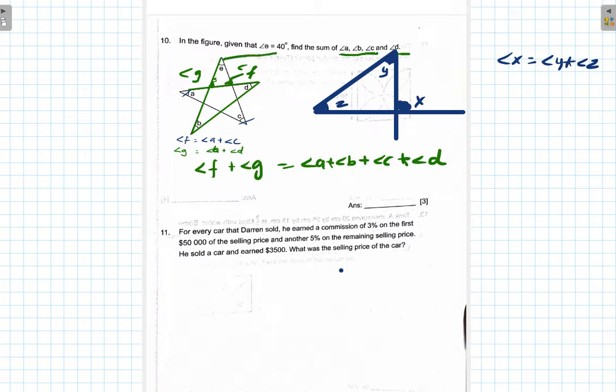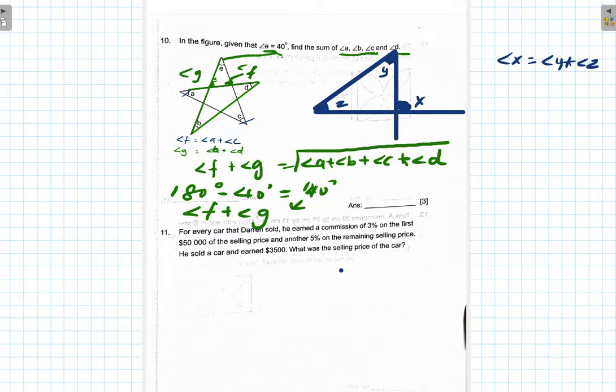You know here is actually 40, right? So it's a triangle. So 180 degrees minus 40 will give you 140. And this 140 is equal to angle F plus angle G, and it is also equal to angle A plus B plus C plus D. Okay?